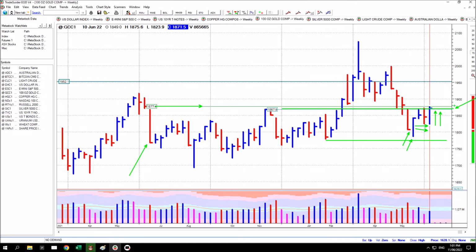It didn't really issue a challenge to this level, it's just pushed up to it. It will require an increased effort, most likely seen in volume, to move above that level or through it. But just the fact that prices moved up to this level is some form of a show of strength.